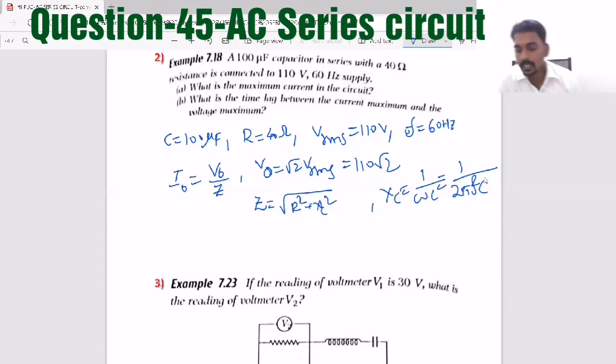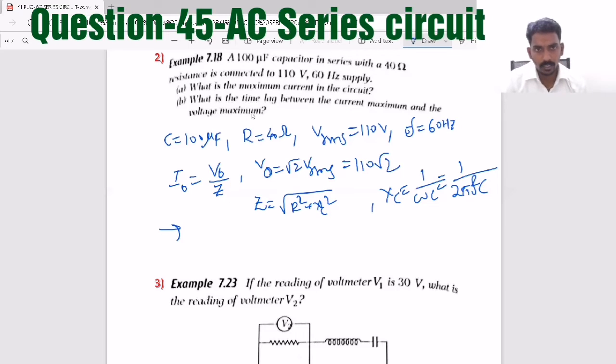First you have to find XC, then substitute here. Then you will get the Z value, then you will get the I naught value. So now you can understand how big the calculation is going. That's why I'm telling you, take approximate values and try to practice each and every calculation quickly.